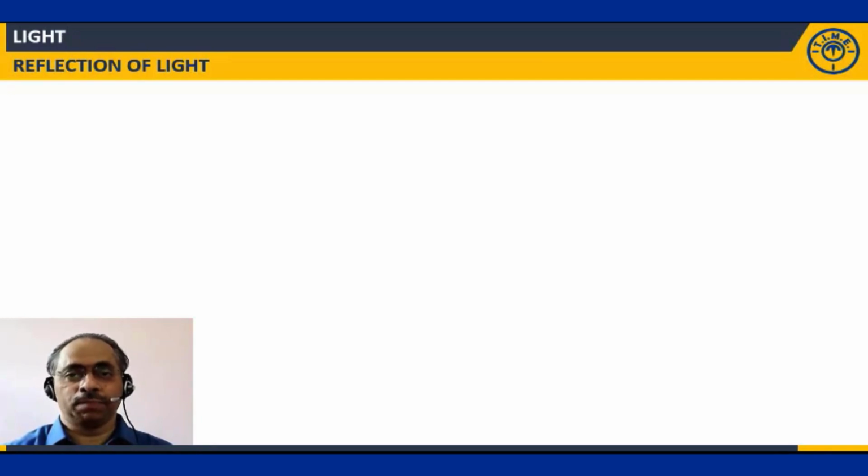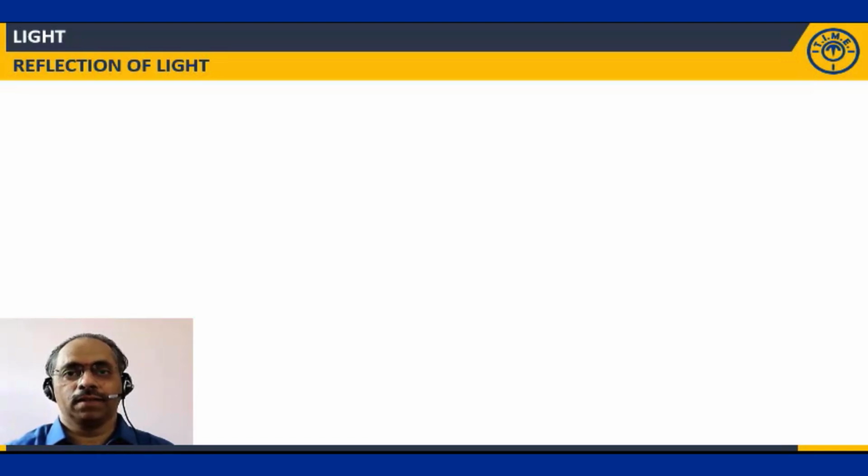We also discussed spherical mirrors. Spherical mirrors are mirrors formed out of glass spheres. If the inner portion of the sphere is the reflecting surface, then we call it a concave mirror. If the outer portion of the spherical surface is the reflecting surface, then we call it a convex mirror.